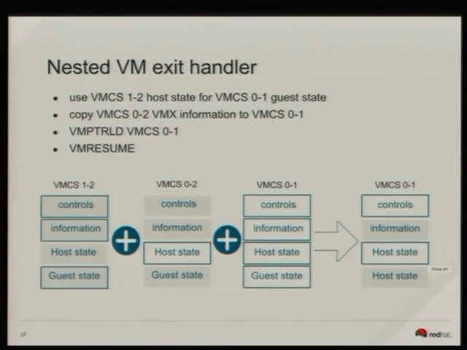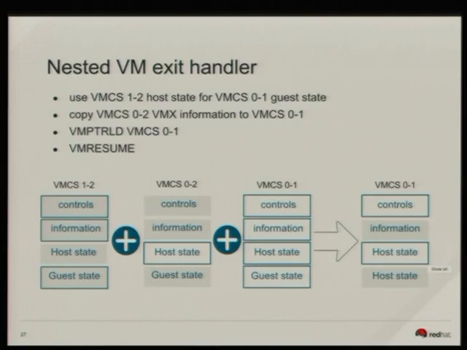And after launching the L2 from L0, every exit is going to go back to L0, but we know that L1 is the correct one to handle it, which means that right now we just have to pass the VM exit we got back into L2.